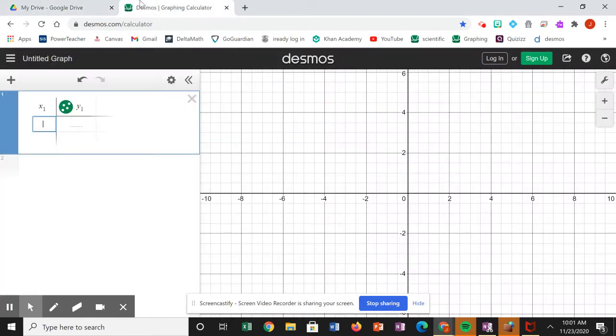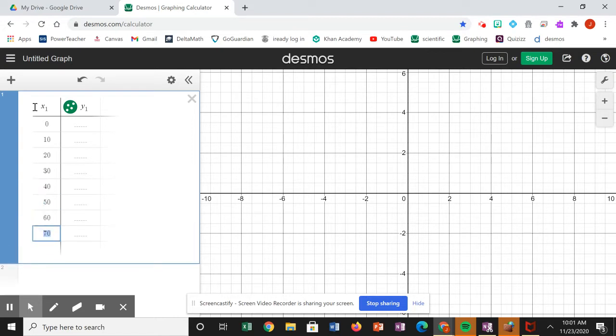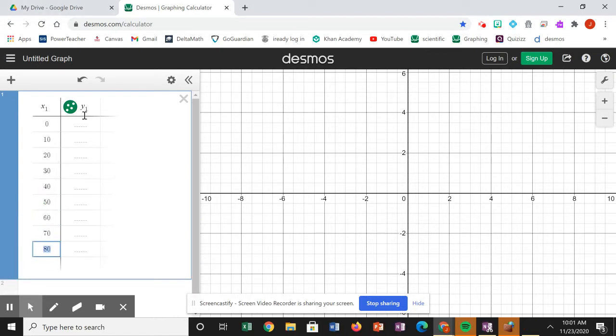So my first step is I'm going to go ahead and put in all of those values. So my latitudes are just increasing by tens, so 0 all the way to 80. And my temperature at 0 latitude was 79.2.